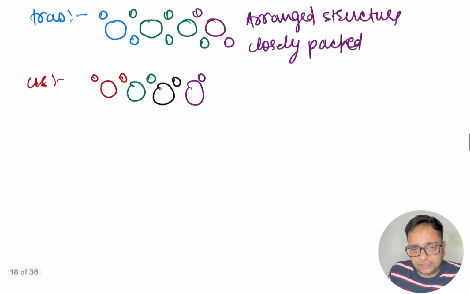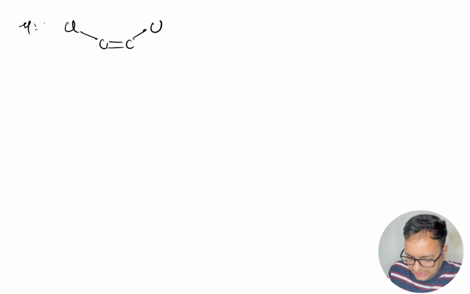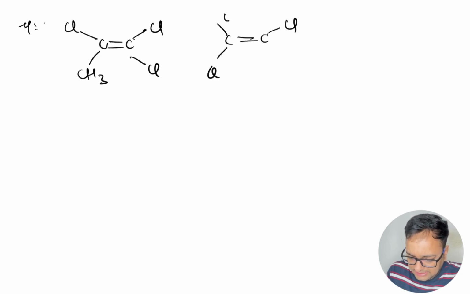irrespective of the dipole moment. But boiling point depends on the dipole moment, right? So if I write some more examples, we have Cl, C double bond C, Cl and CH3, and another Cl, C double bond C, Cl and CH3 and H. So this is going in this direction and this is going in this direction, right?